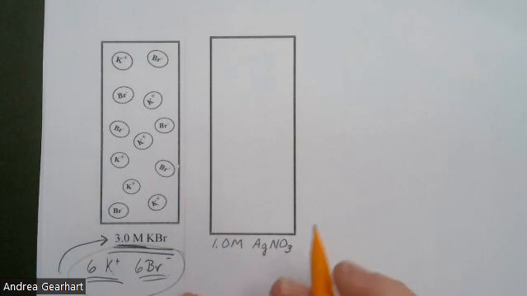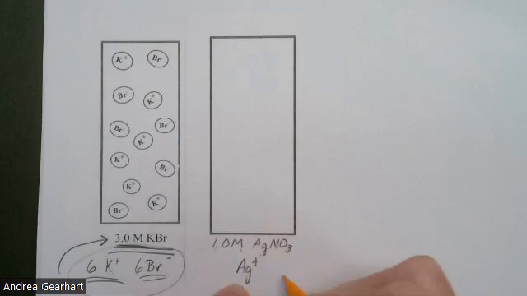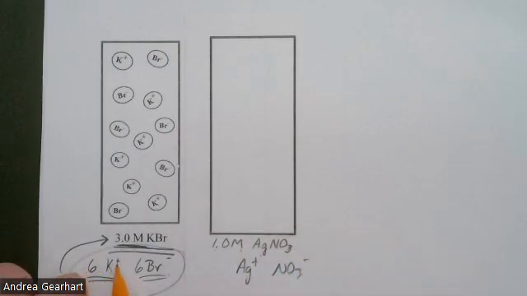So if I am asked to draw a 1-molar silver nitrate, how nice, that +1 and -1. So if 6 cation plus 1s show 3 molar, I need 1/3 of this. So I would show 2 silver ions and 2 nitrate ions.